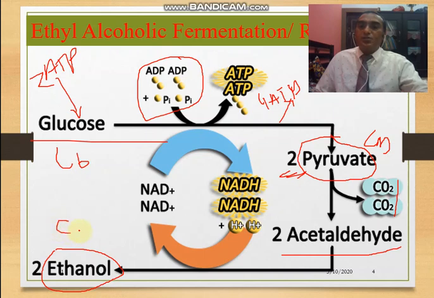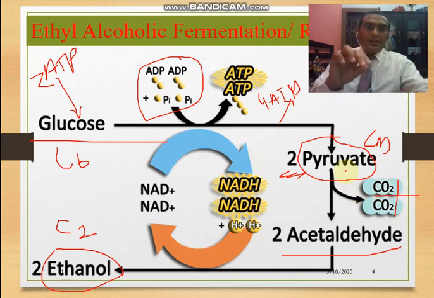This is a two carbon compound, because one pyruvate is three carbon and it produces ethanol plus 1 carbon dioxide, and the other pyruvate breaks into ethanol and 1 carbon dioxide.